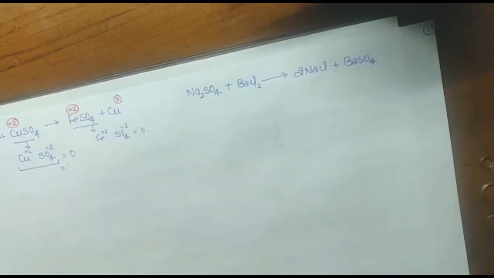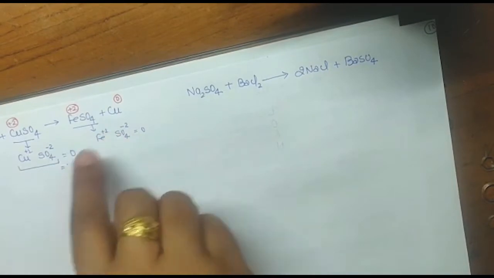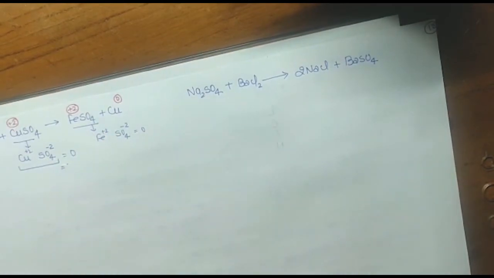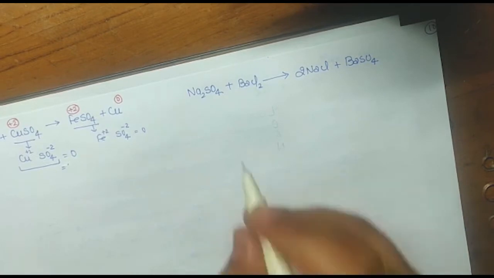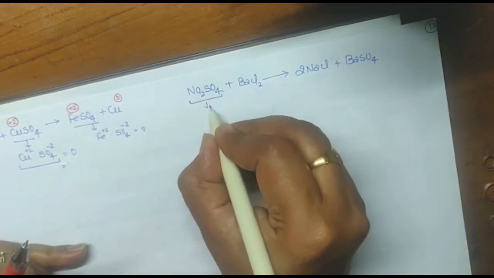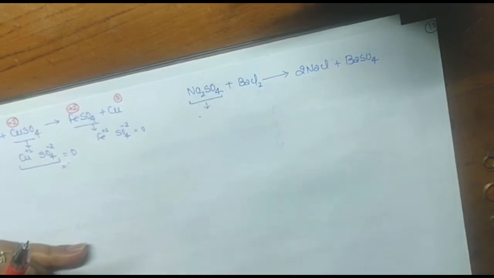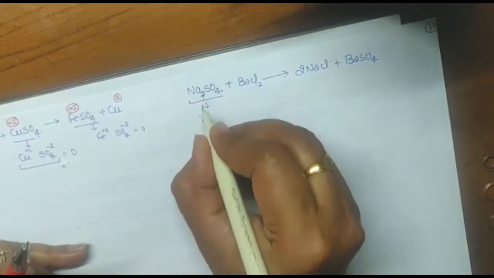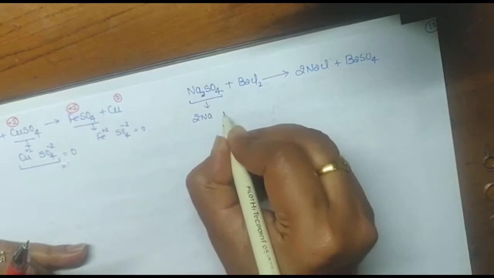One thing you should know: whenever we find this charge, it should be on one atom, not on the whole. If it is not clear, let me explain with an example. This one is made up of 2Na and SO4.